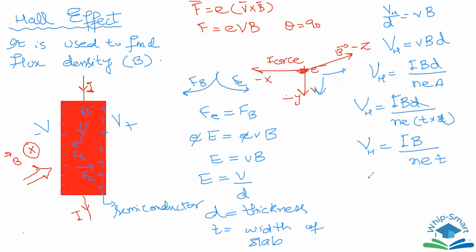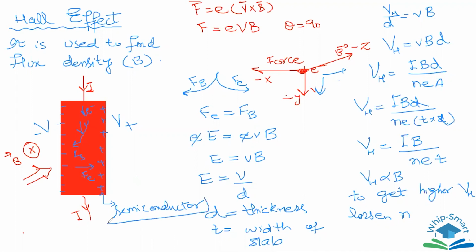From this equation, we can see that Hall voltage is proportional to B, and in order to get a large value of voltage, we have to make this denominator as small as possible. In this denominator, we have N as the number of electrons and T as the thickness. So to get a higher value of Hall voltage, we have to lessen these terms.